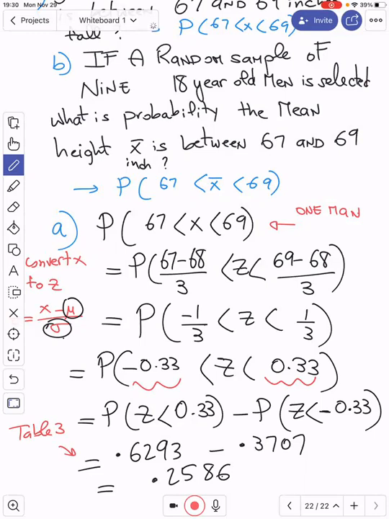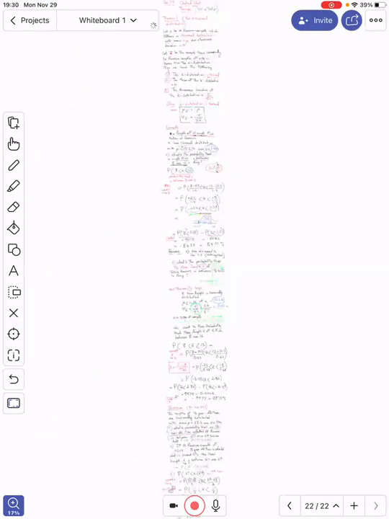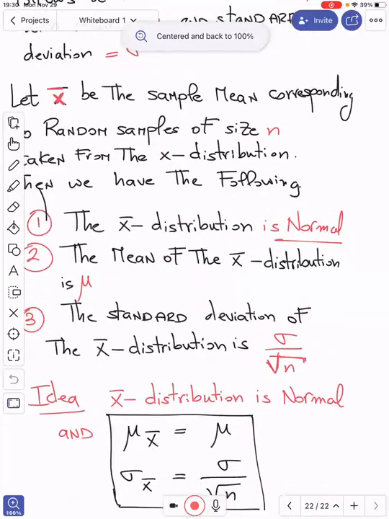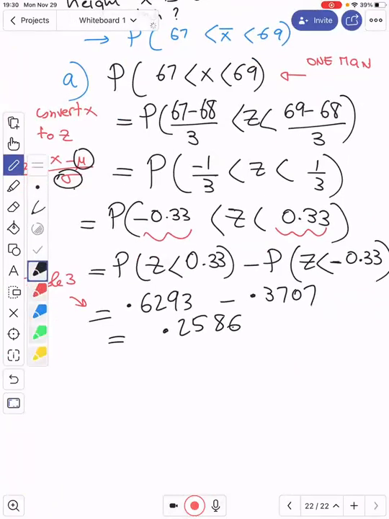Yes, so that's correct, 0.2586, which is equal to 25.86%.